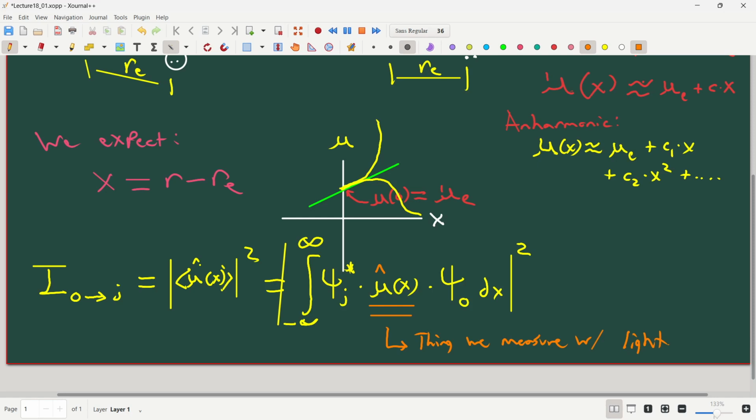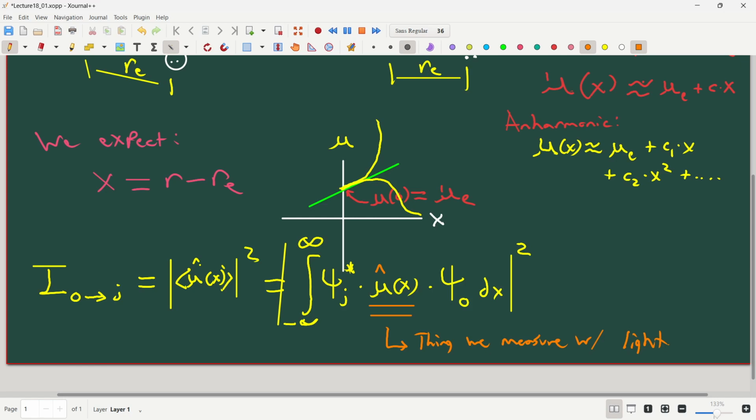So what is this integral asking me? It's asking me effectively, what is the probability that when I start in v equals 0 and interact with the system using light, therefore measuring the dipole moment, I end up in a new state j? That's all intensity is for a spectroscopic transition.